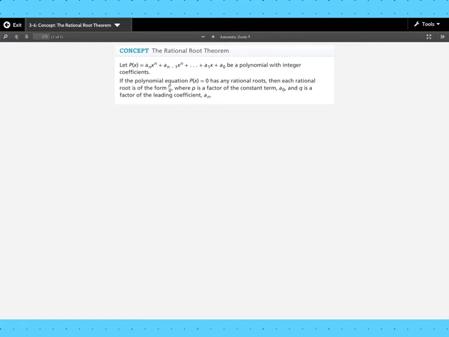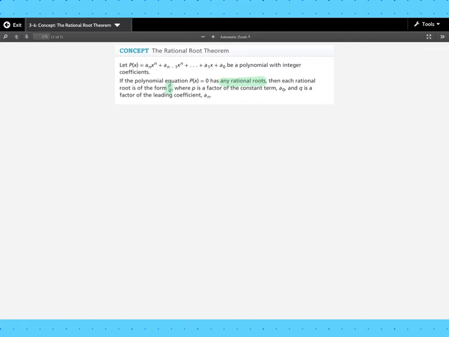And it says that if the polynomial equation p of x equals 0 has any rational roots, then each rational root is in the form of p over q. So if the polynomial equals 0, and if it has rational roots, the rational roots are in the form of a fraction.